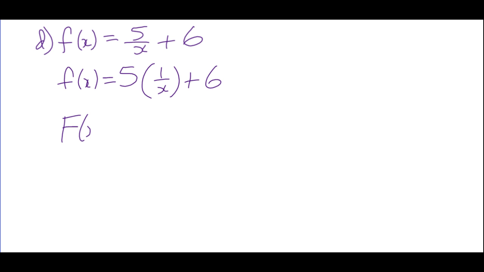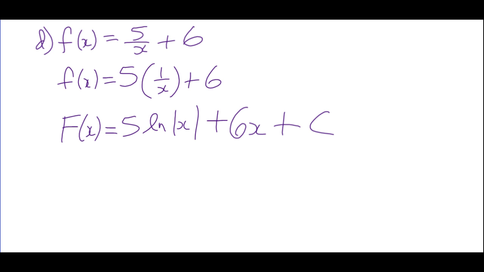So then capital F of x, the antiderivative, is 5 times what? Ln of the absolute value of x, seeing as that x could be any non-zero value, plus 6x, we've got to get a 6, right? Plus c.